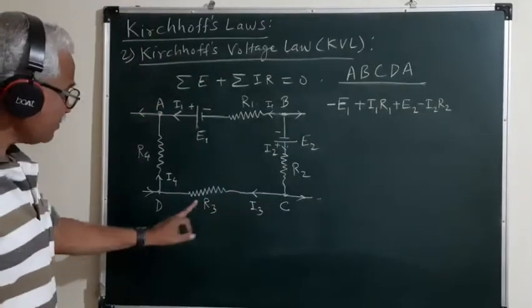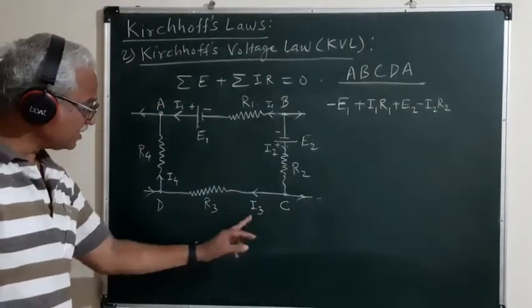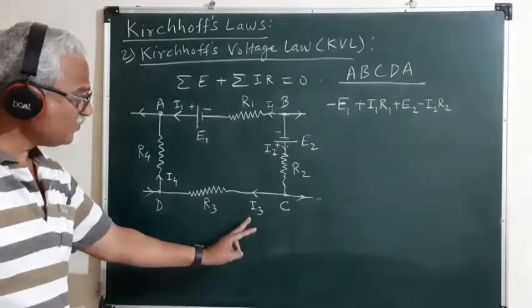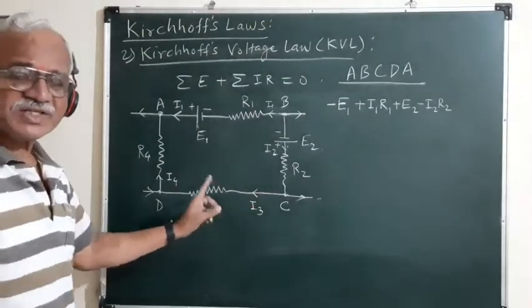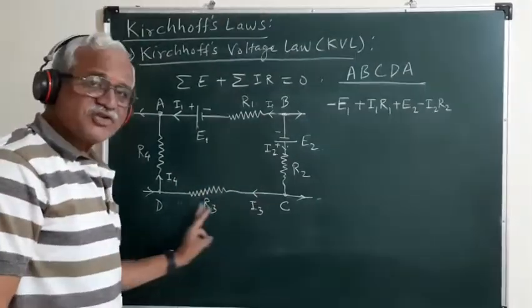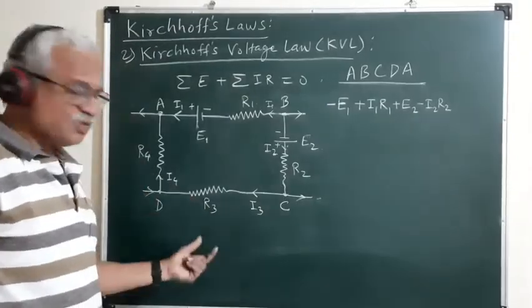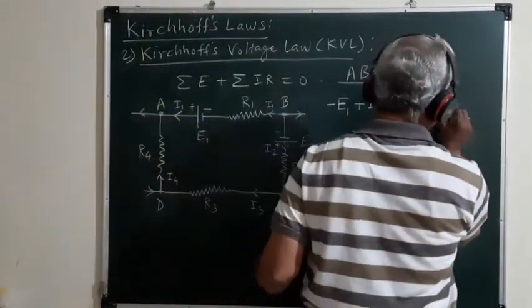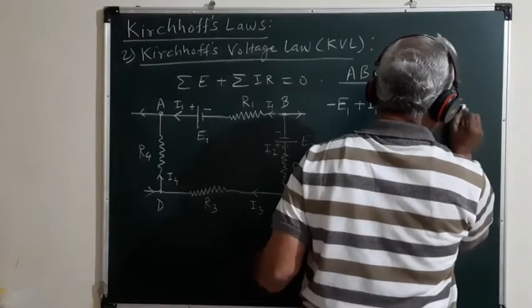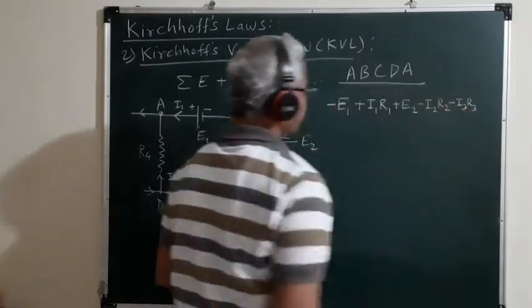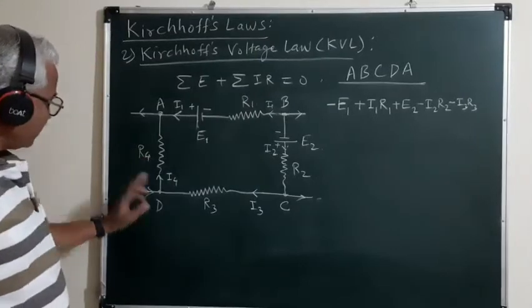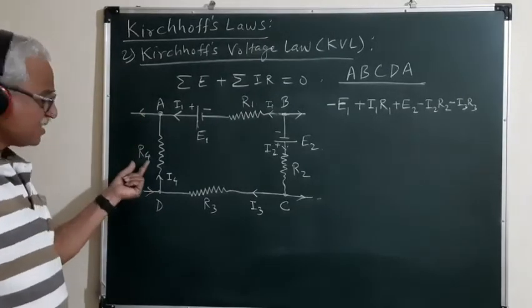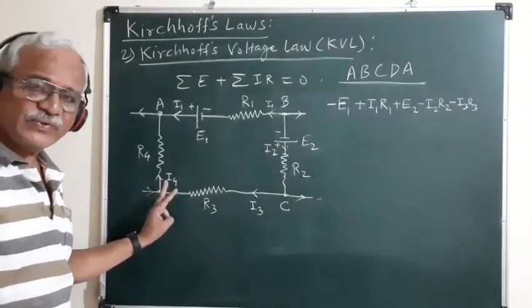Then the next branch contains the resistance R3 through which the current I3 is flowing, and this branch is traversed in the direction of current flowing through it. So this product I3 R3 also must be taken negative. It is minus I3 R3. And the last branch DA contains the resistance R4 through which the current I4 is flowing.